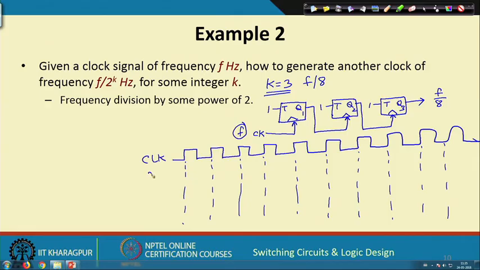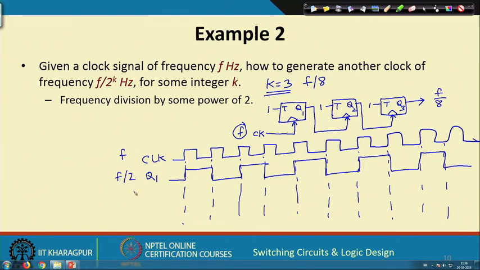If you plot Q1, Q1 will toggle every time the active edge of f comes, because T is 1 with respect to the clock. Suppose initially it was 0. It will toggle once here, again here, again here, like this it will go on toggling. The clock frequency was f, for Q1 it will be f by 2, just as we discussed earlier in the previous example.